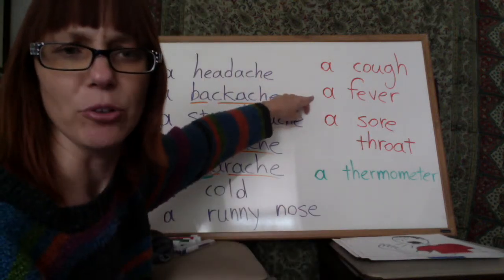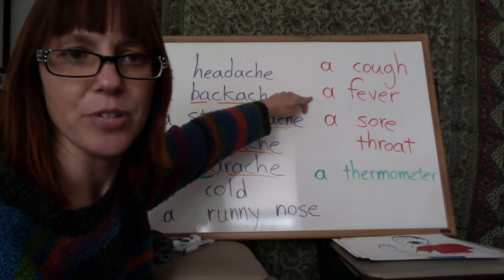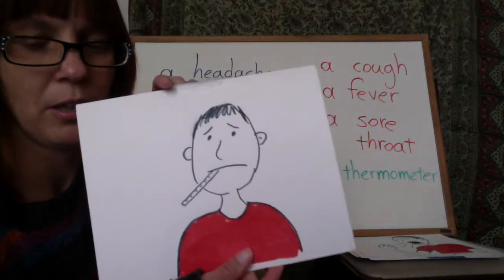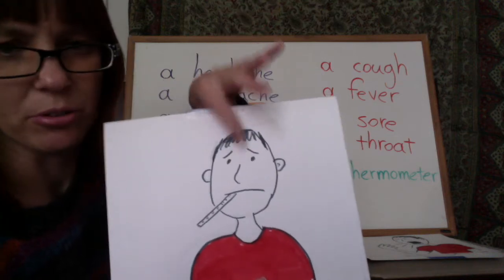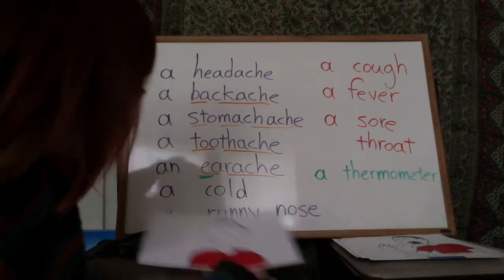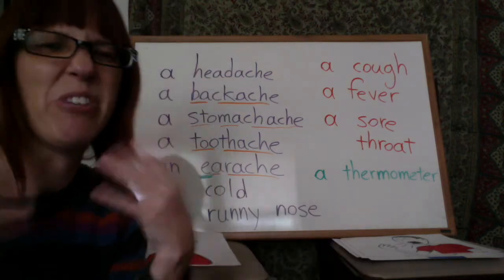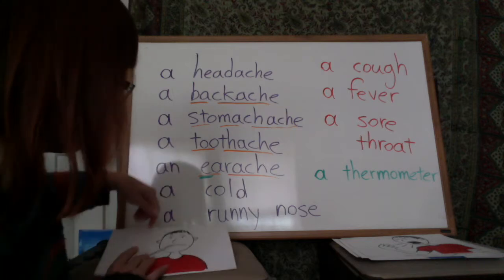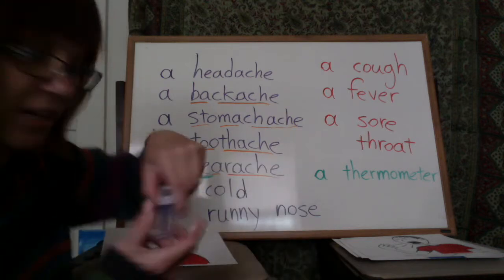A fever. He has a fever. What is a fever? So a fever is when my body is very, very hot. When you go to the doctor, sometimes they take your temperature.